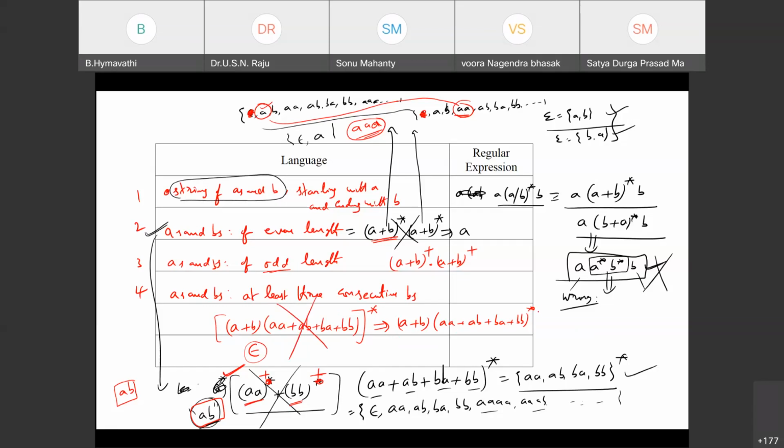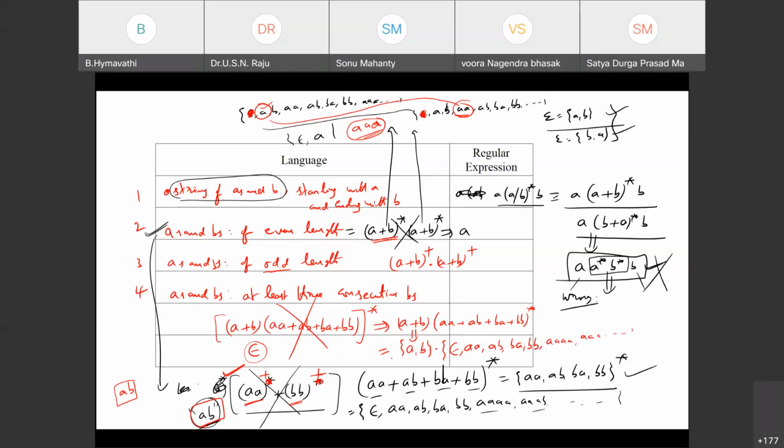What about this one, A plus B followed by this, with the star given only for this part? What is the minimum string generated by this? What is the language generated by this expression A plus B? A comma B, concatenated with this whole star, that is epsilon, then AA, AB, BA, BB, then the 4s, and so on.